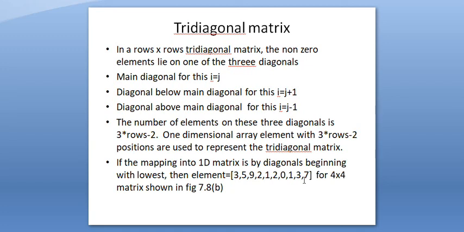When you take all the elements together in the order addressed previously, 3 5 9 will be stored in the first three positions. Then the diagonal elements 2 1 2 0, and finally 1 3 7. So altogether you have 10 elements, and again, we use lowest by diagonal mapping.